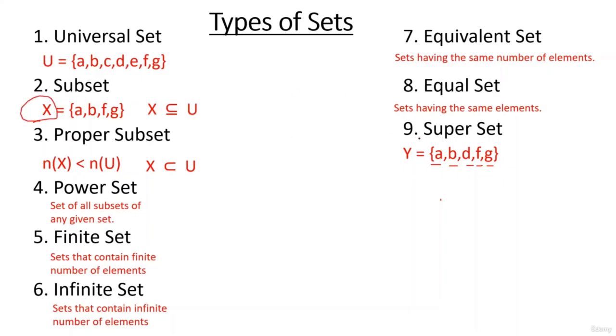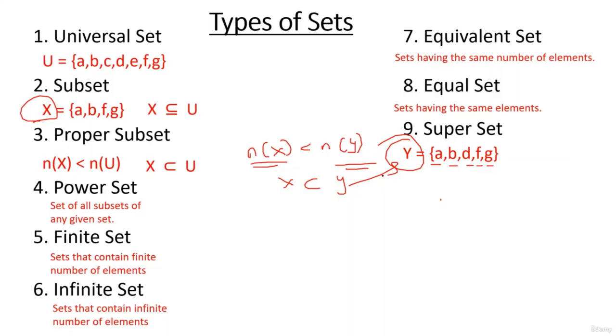But if you observe, the cardinality of x is less than the cardinality of y, or number of elements in x is less than the number of elements of y. And basically x is also a subset, in this case a proper subset of y, right? So y will be called as a superset. हालांकि y is not the universal set here right now, guys. okay, so remember this, here y is the superset and x is the subset.